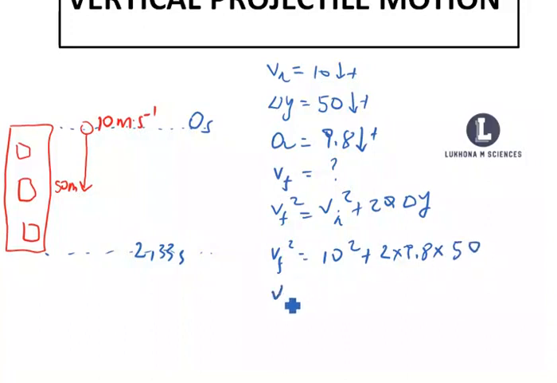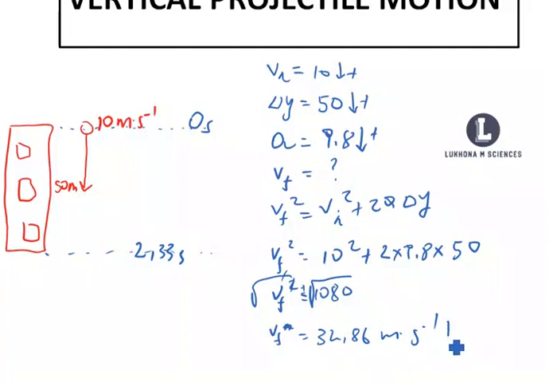Then the final velocity squared will be equal to 1080, then square root both sides. Remember there is that plus or minus here, so the final velocity will be the positive one, which is equal to 32.86 meters per second. Okay, it is positive because we set down as positive, so that is downwards.